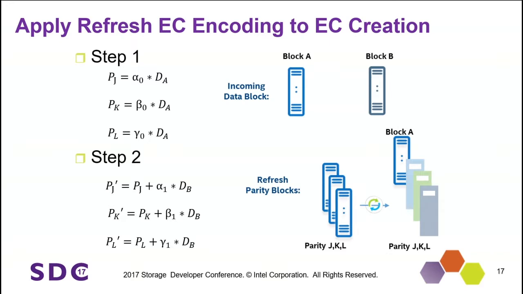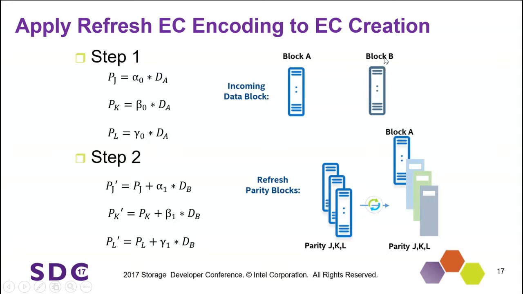They share three same parities J, K, L. At the start, their positions are all empty, so you can't see any of A, B, C, D. And block A is arriving first. When writing block A, we just store it to its storage position and copy it to the parity positions.